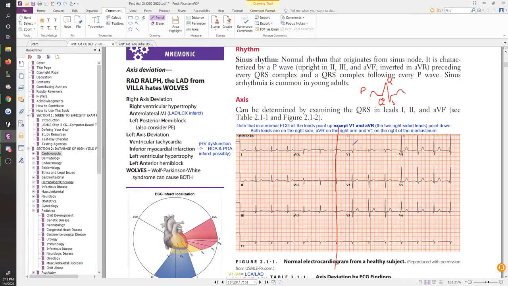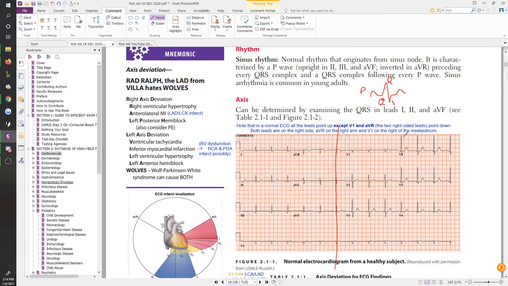So the R wave progression is something that looks at the R wave in V1 through V6 to see the changes. As you can see when you first start looking at it, the R is very tiny in V1, okay? Then in V2 it becomes bigger and is pretty even on the top and the bottom. V3 has an even taller R wave.